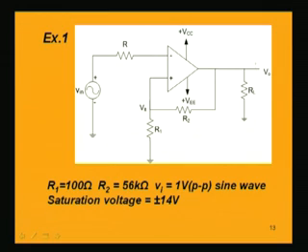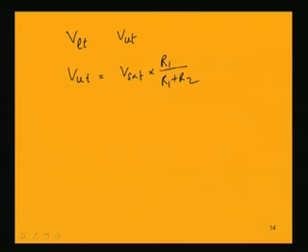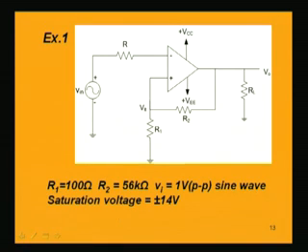So, we can calculate the lower threshold and upper threshold for the Schmitt trigger. What will be the upper threshold voltage for this example? That is V saturation into R1 by R1 plus R2, and V saturation is given as 14 volt.